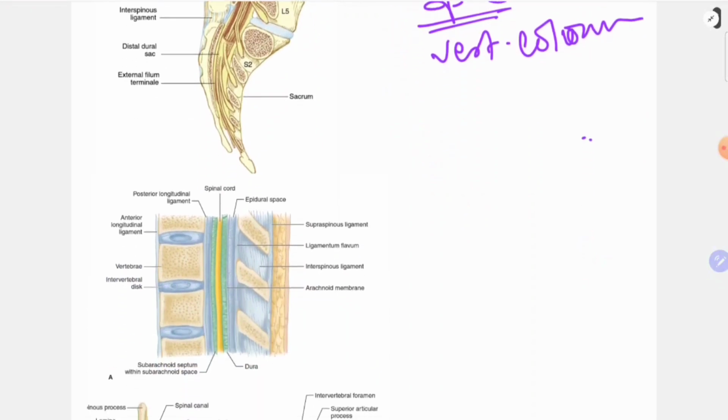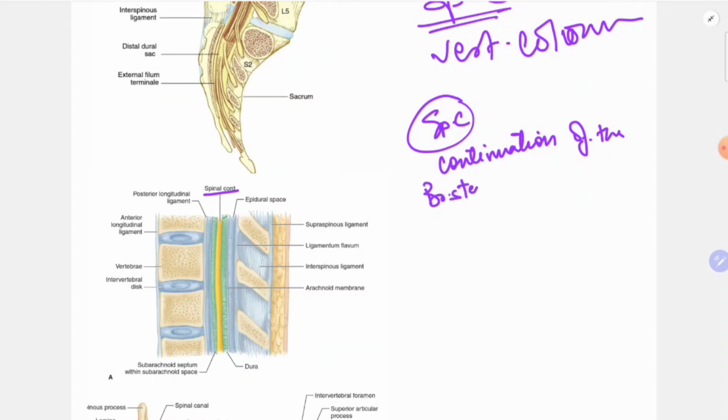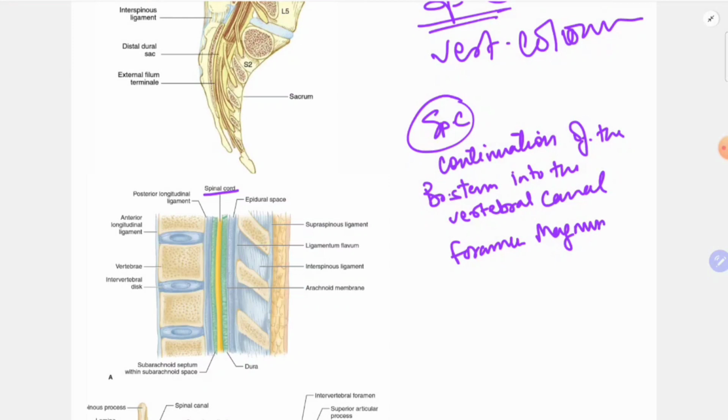Okay, so in the center we have the spinal cord. Now first let's talk about the spinal cord. The spinal cord is the continuation of the brain stem, right, into the vertebral canal. It begins at the foramen magnum and it terminates at L1 in adults and L3 in infants.